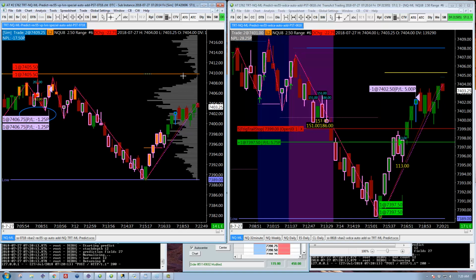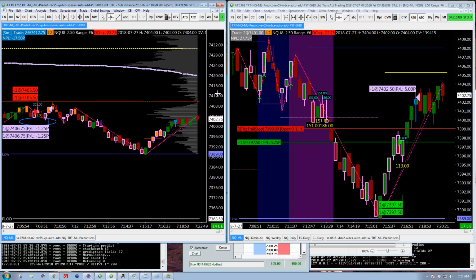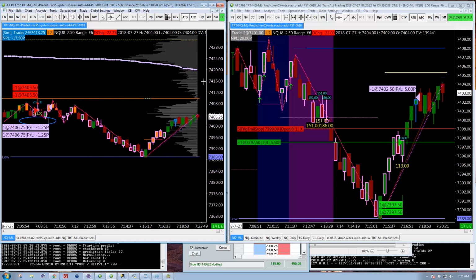You would kind of expect to go up and test this 7410 level. It'd be nice to get all the way to 7420, test the value area low.